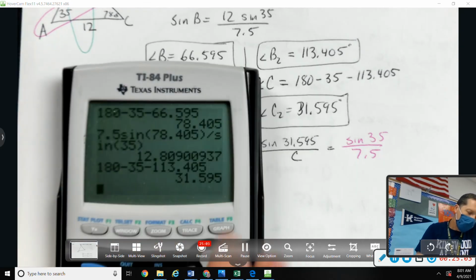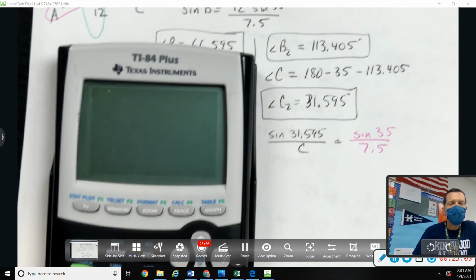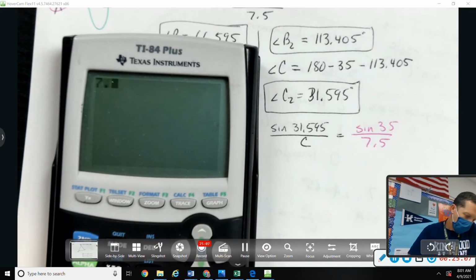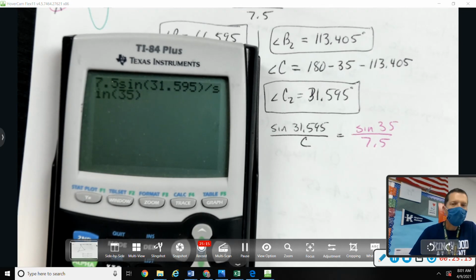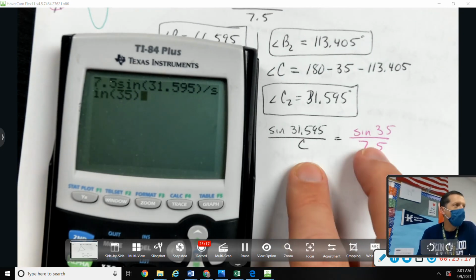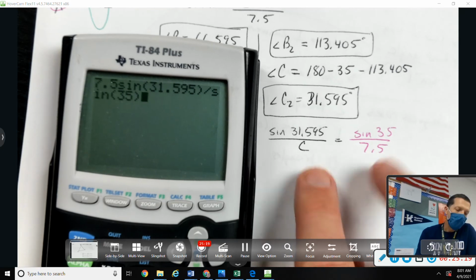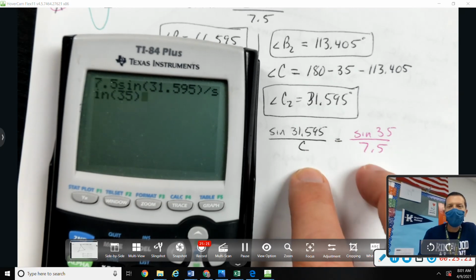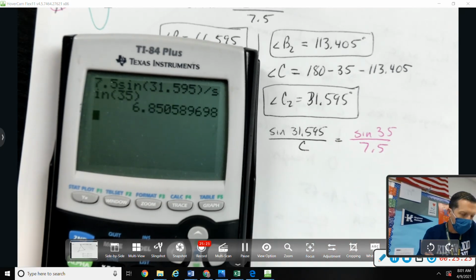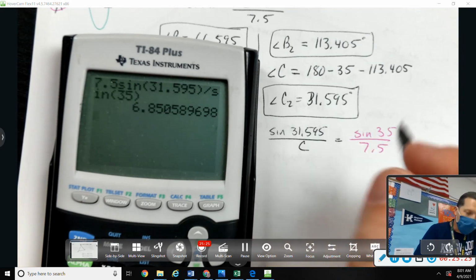I'm going to be lazy and not show my work. 7.5 sine of 31.595 divided by sine of 35. I do want you to show the setup so I know where you're getting your numbers from. But if you can solve it from there without showing steps, that's okay. But don't try to be a hero. If you need to write it out, write it out.